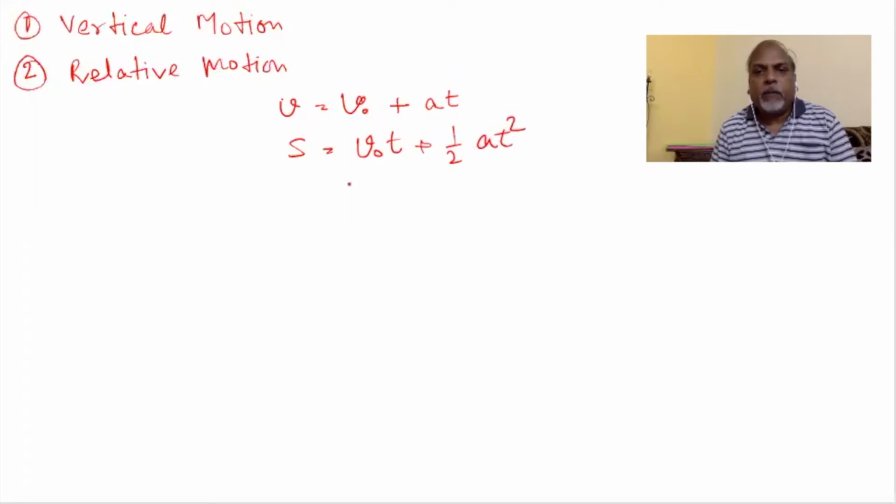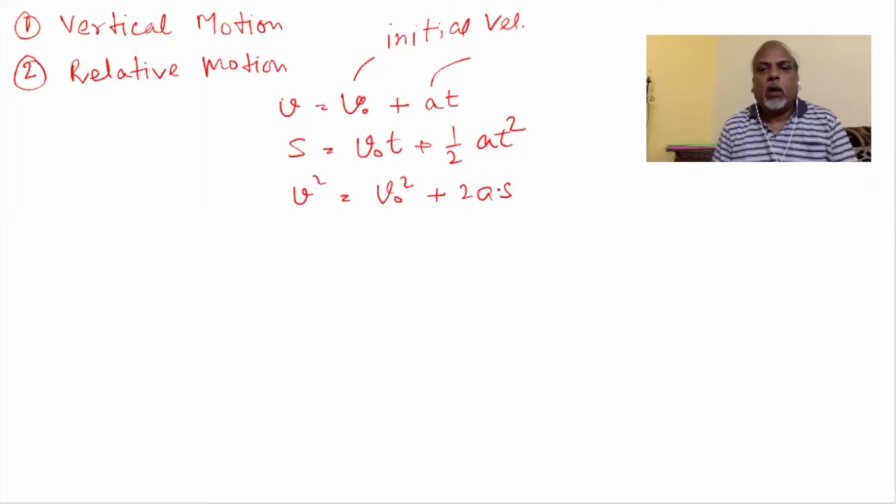And the third one, v squared is equal to v0 squared plus 2as. Here, a is acceleration, v0 is nothing but initial velocity at time t equal to 0, and s is your displacement.